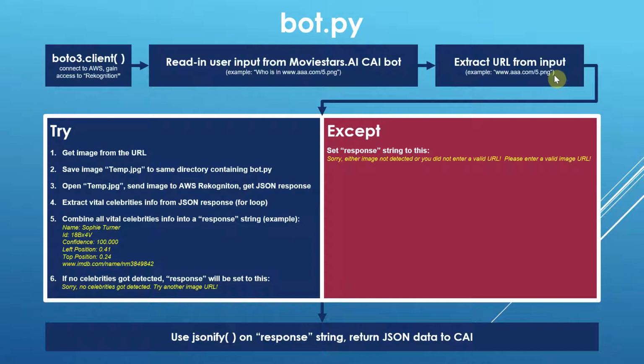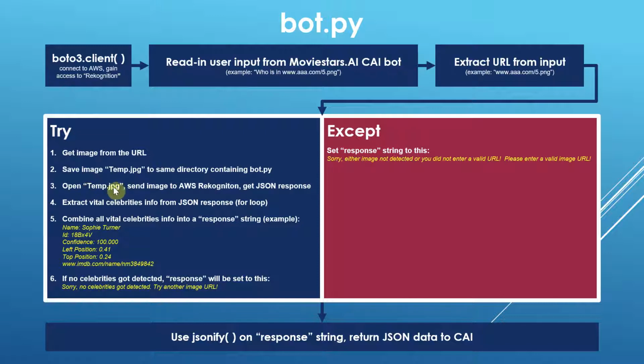After it gets the URL string, it throws that to the try-except block. In the try block, first you already have the URL, and you extract the image from the URL. Then, to make the image usable for the program, you save the image extracted from the URL into temp.jpg in the same directory containing bot.py.